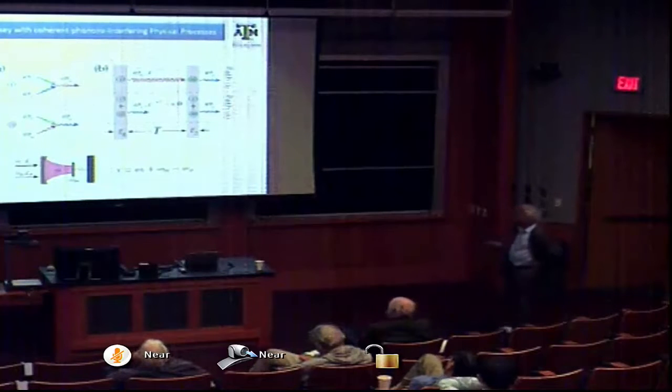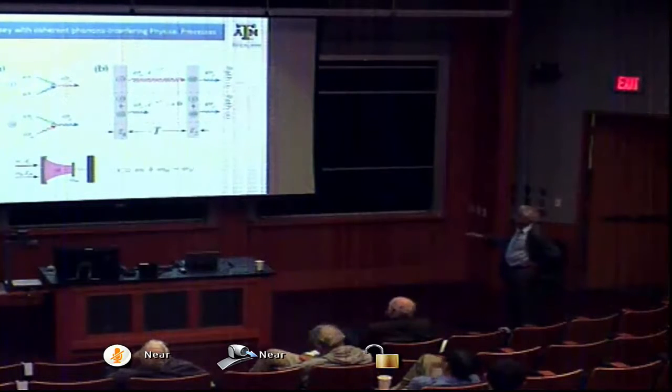And so what you see is that we have two paths. These probe photons are produced either by the optomechanical interaction in this region or by the coherent phonons which were produced in this region.